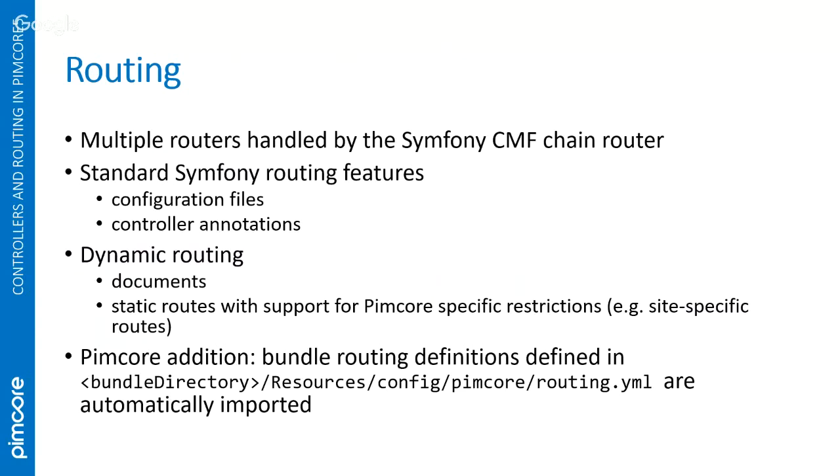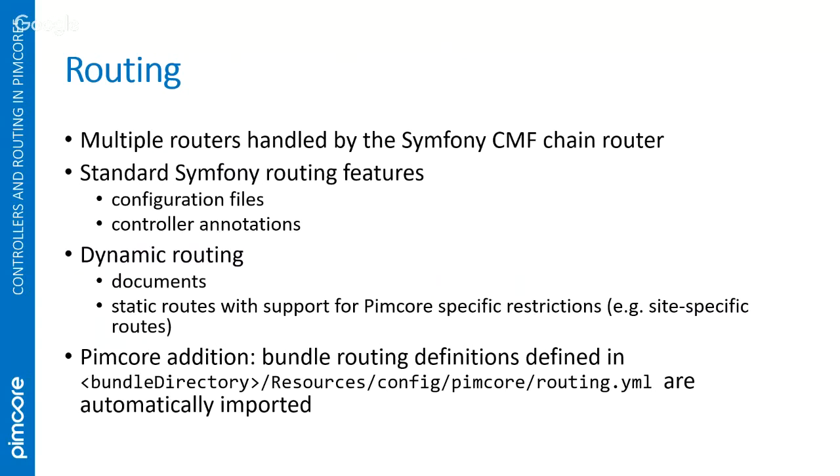One addition which we added in Pimcore to the standard Symfony configuration is that bundles can define a routing config which is automatically loaded. So third-party Pimcore bundles can define a routing YML in this defined location here, Resources/config/pimcore/routing, and this file is automatically loaded.